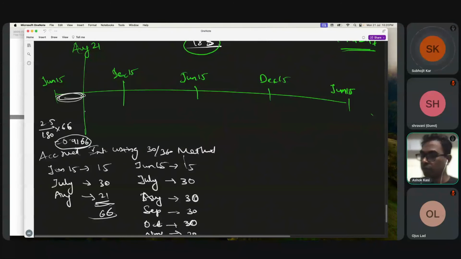Now we have to calculate the dirty price. Dirty price is not going to change because only the accrued interest calculation will change. So it's the same thing I'm going to do.